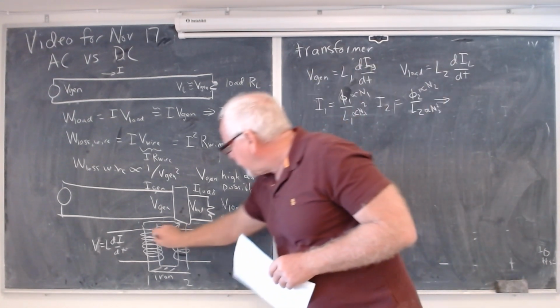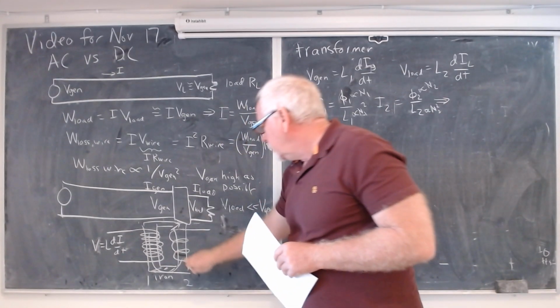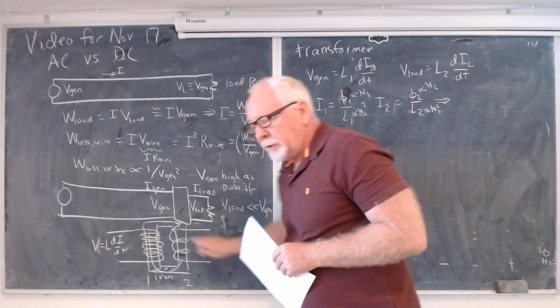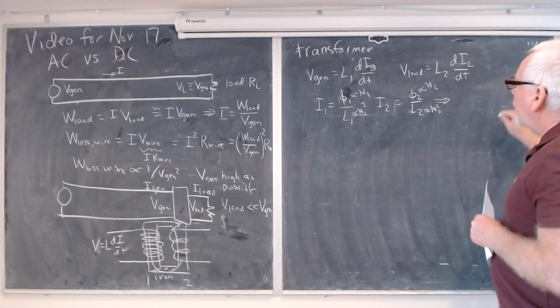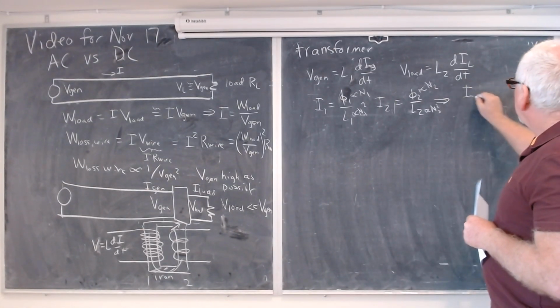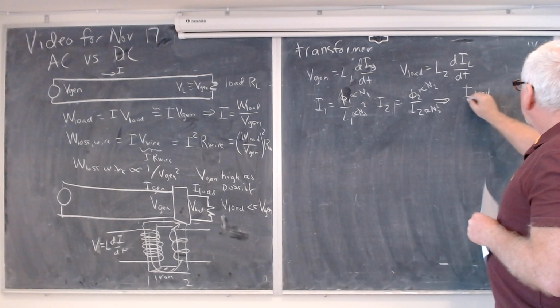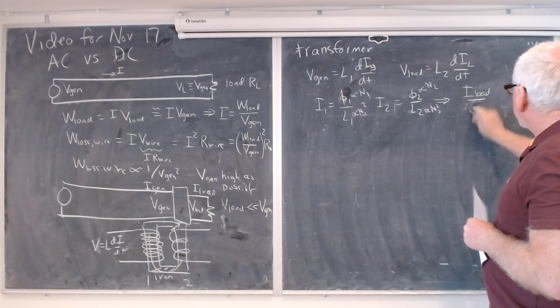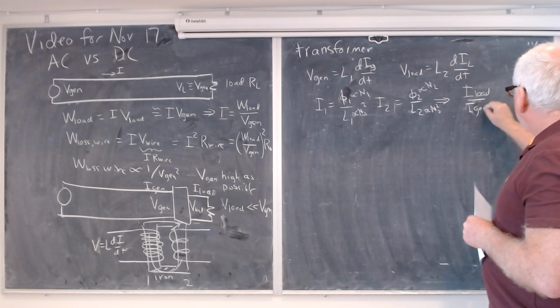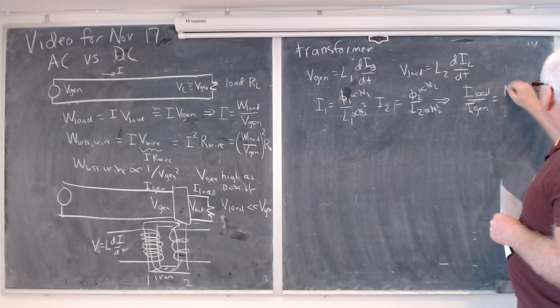And it's because the magnetic field is conveyed through the iron that we have that I load over I generator is equal to N1 over N2.